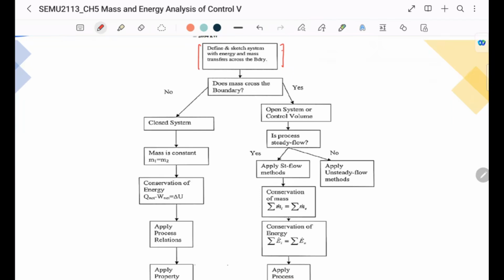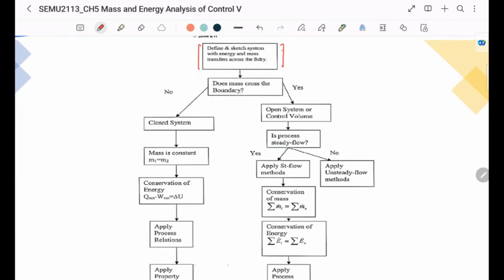Like all the examples just now, the first thing I draw is the control boundary, the control volume, basically where the system boundary is that we're analyzing. And then label whether there's any work transfer, any energy transfer, any mass transfer. When you draw it out, it becomes clearer.